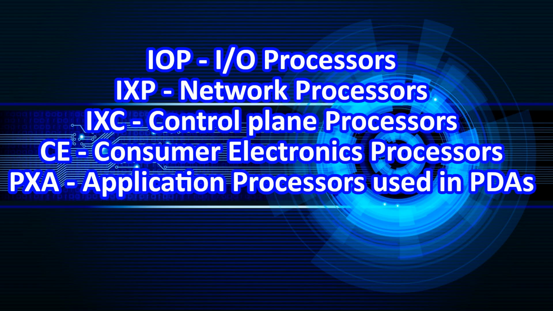Intel developed Xscale into various processor families: IOP, I/O processors, input-output; ISP, network processors, the ones that Apple wanted to buy, both for mobile devices and desktop laptops; IHC, control plane processors; CE, consumer electronics processors; and PDA, application processors used in PDAs and early cell phones.